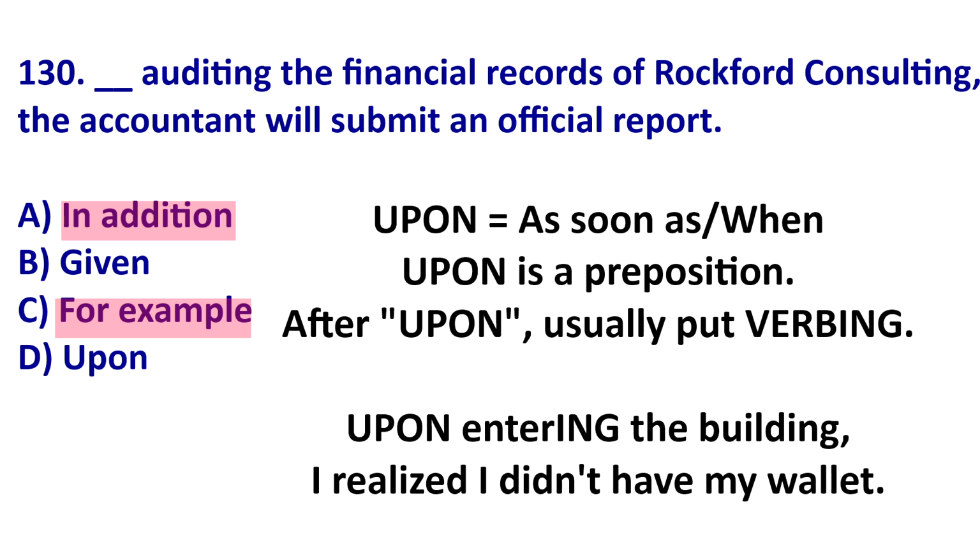And upon is a preposition that is followed by verb-ing 90% of the time. It means as soon as. For example, upon entering the building, I realized I didn't have my wallet. So, as soon as I entered the building.